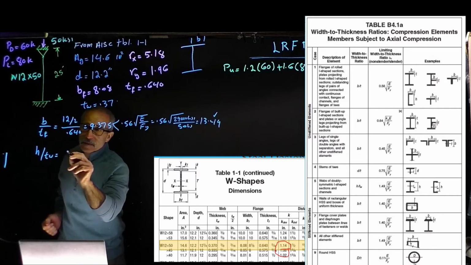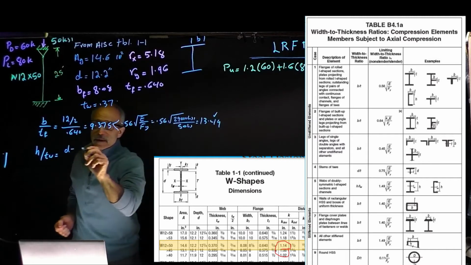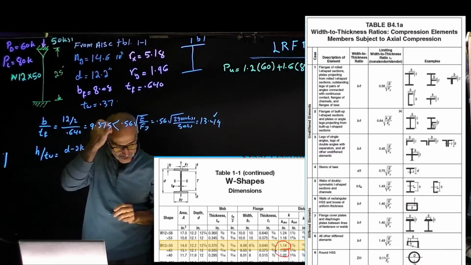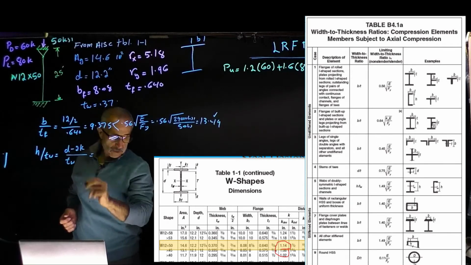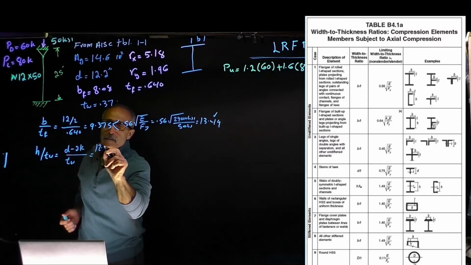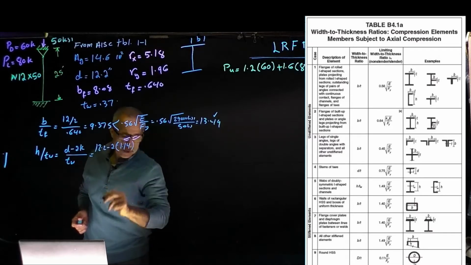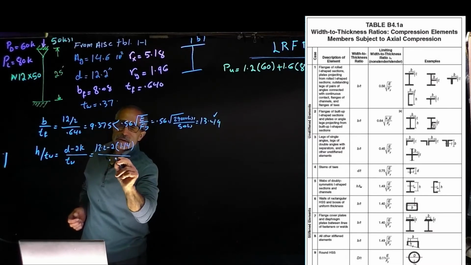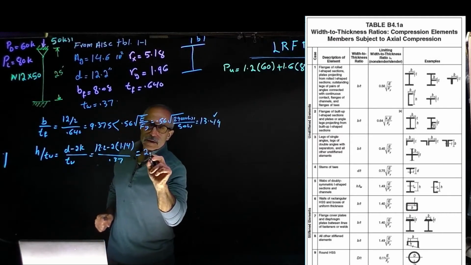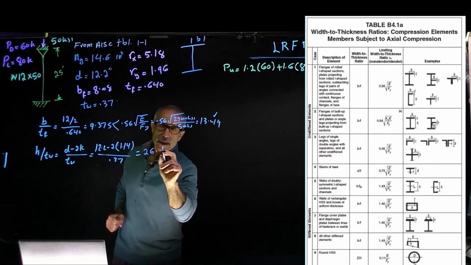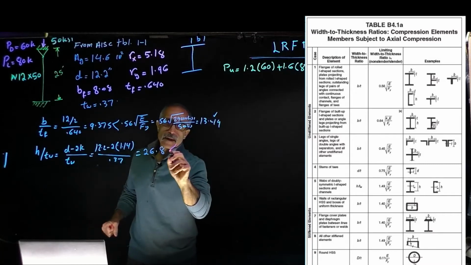So h is going to be d, minus 2 times k, divided by tw, the thickness of the web. I have d come out to 12.2 minus 2 times 1.14, then divide by 0.37, and this becomes 26.8. Hopefully that is less than the limit.